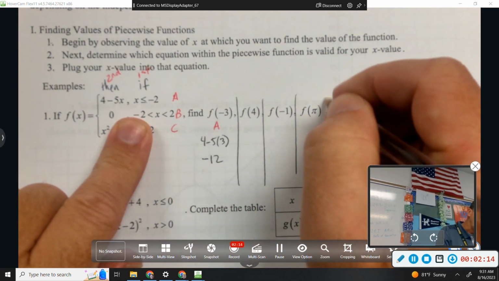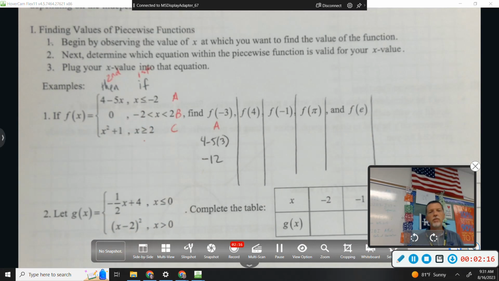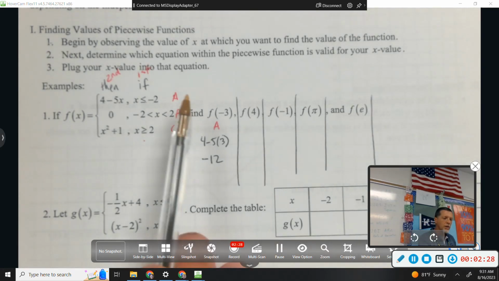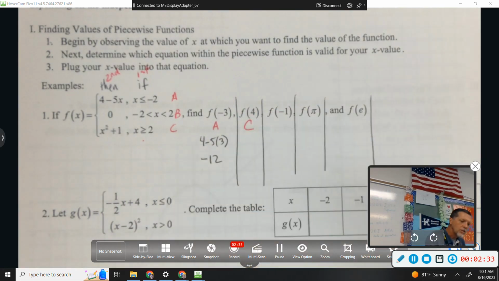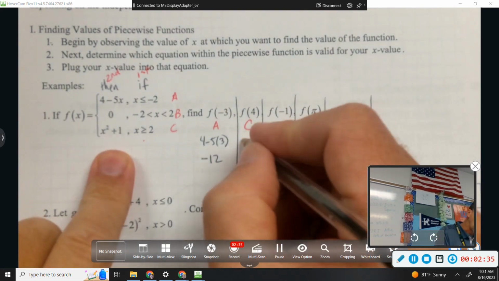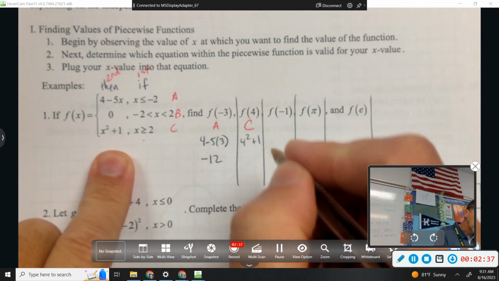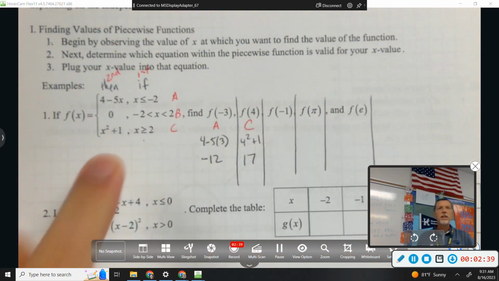F of 4. Again, don't plug it in anywhere. First, look and figure out, for 4, is that going to be on piece A, piece B, or piece C? C. So then I will plug it into piece C. 4 squared plus 1 is 17.